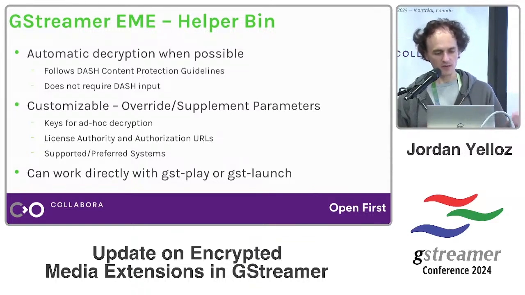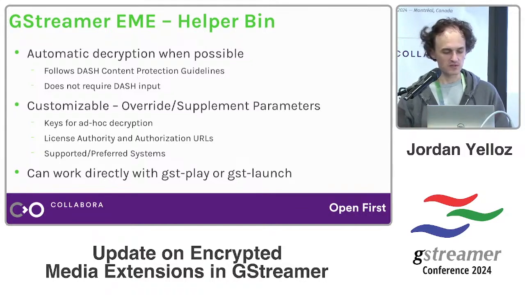Also, you can customize it to make some adjustments. If you want to test certain things out, change the keys, change the server, whatever, you can just set a couple of properties on these elements. So you can just make a gst-launch line and test it out.